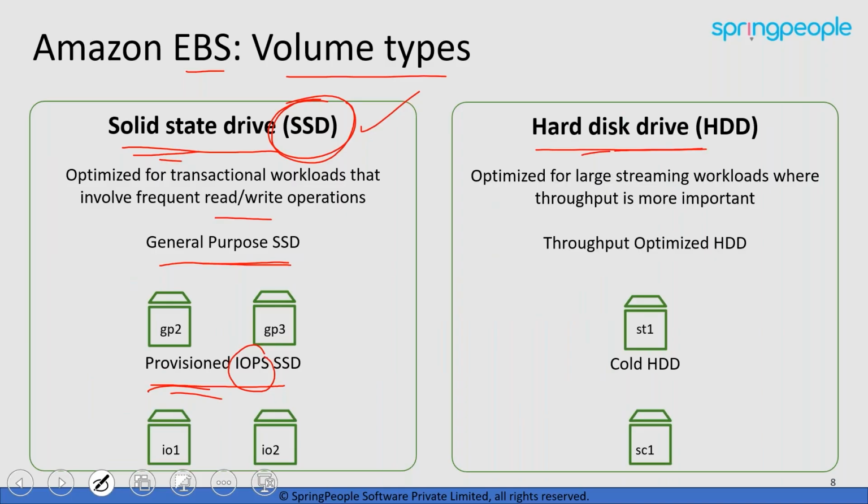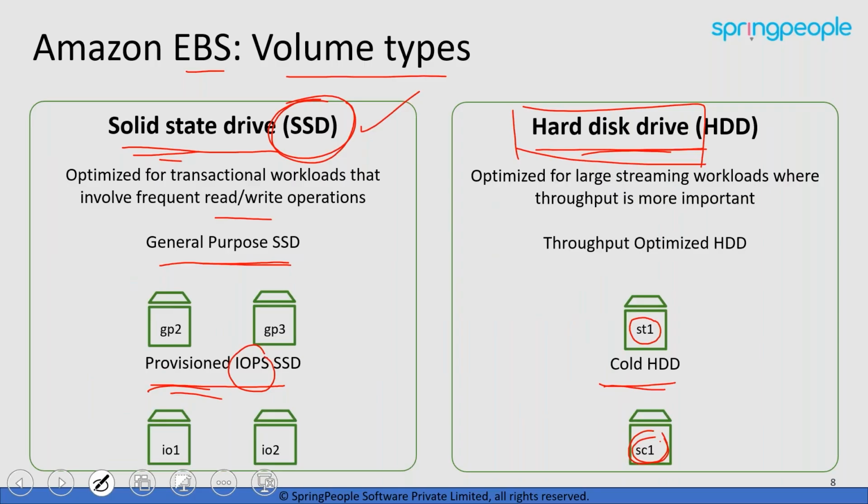And for hard disk drive, we have two options once again: cold HDD, which is known as SC1, sorry, cold HDD, which is known as ST1. That is one of the options. And there is one more, throughput optimized, which is known as SC1. Basically, it uses the traditional type of hard disk beneath the scene, which has magnetic components or moving parts, and that's why these hard disks are a little bit slow.